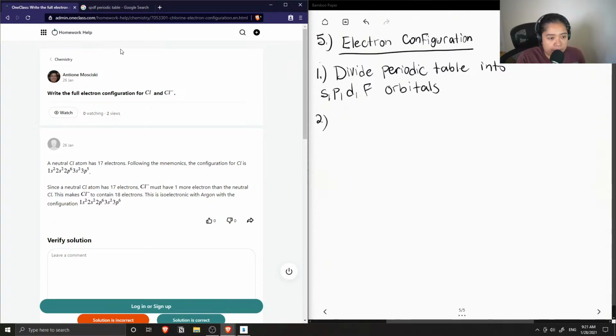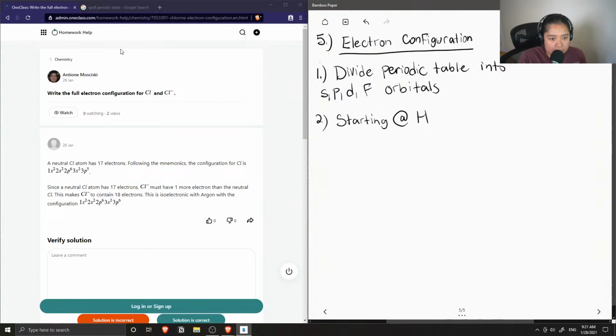So for step 2, starting at hydrogen, we move left to right across the periodic table until we get to our desired element. So in this case, it's chlorine.